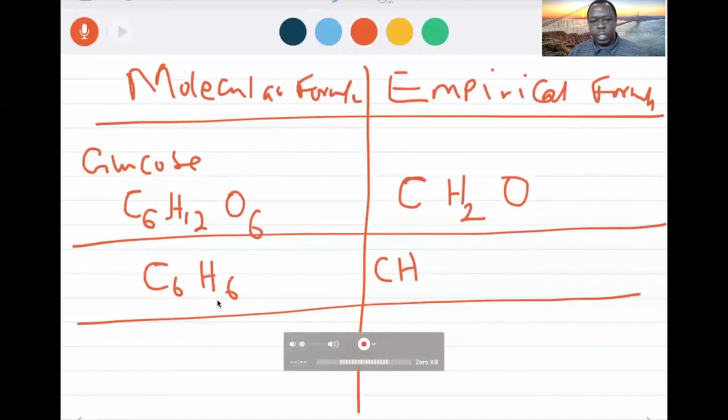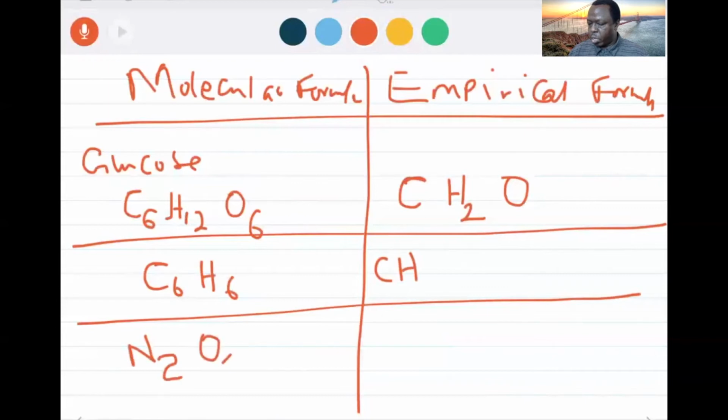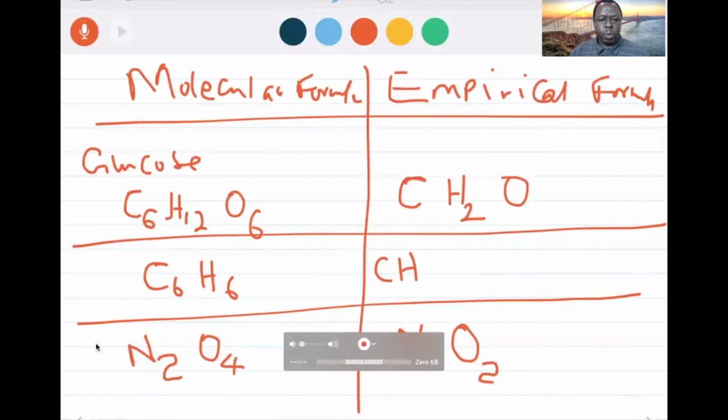It's not always that you divide by 6. I can have another compound here, dinitrogen tetroxide. You have to look at what is common in the ratio of nitrogen to oxygen. This is its empirical formula, NO2. What is happening here is I divide all subscripts by 2.